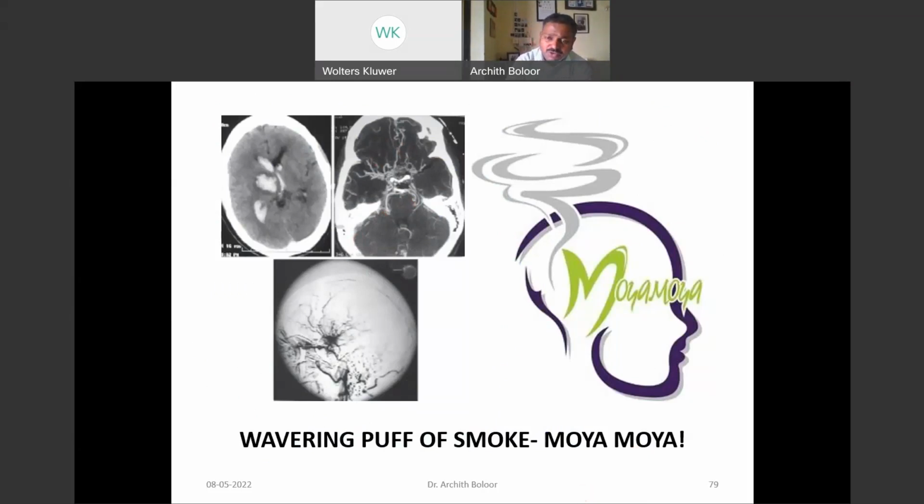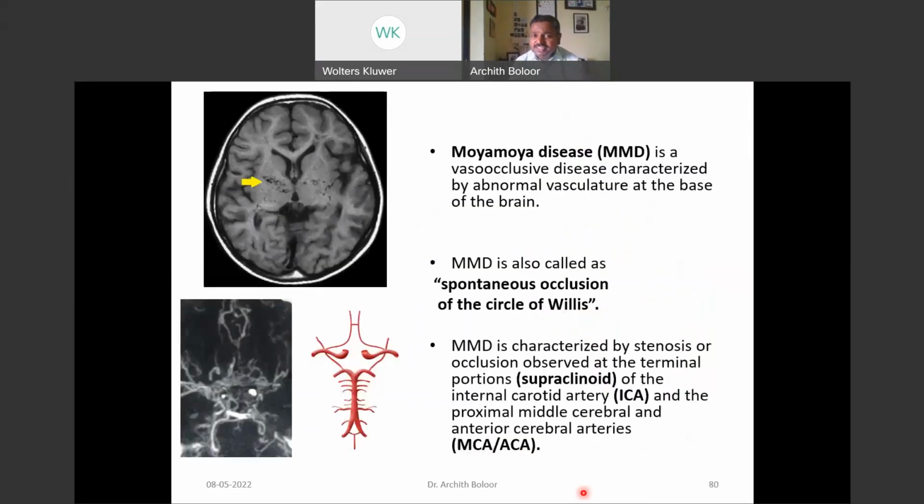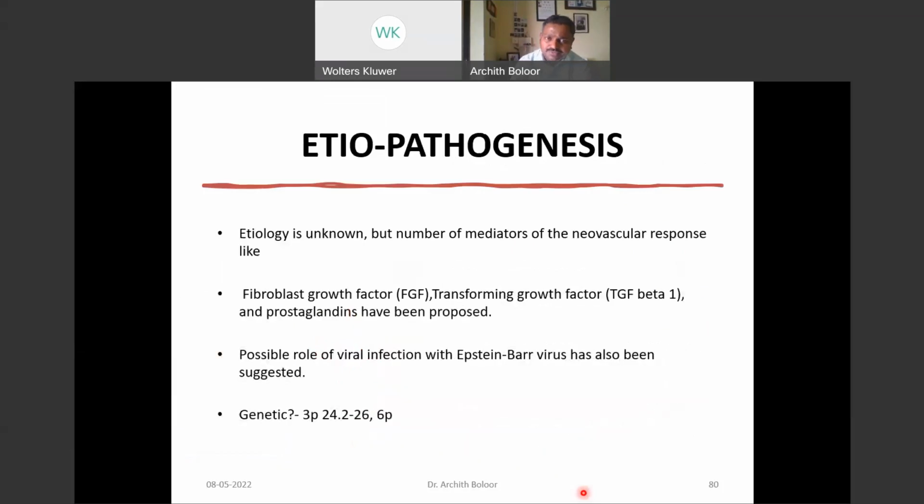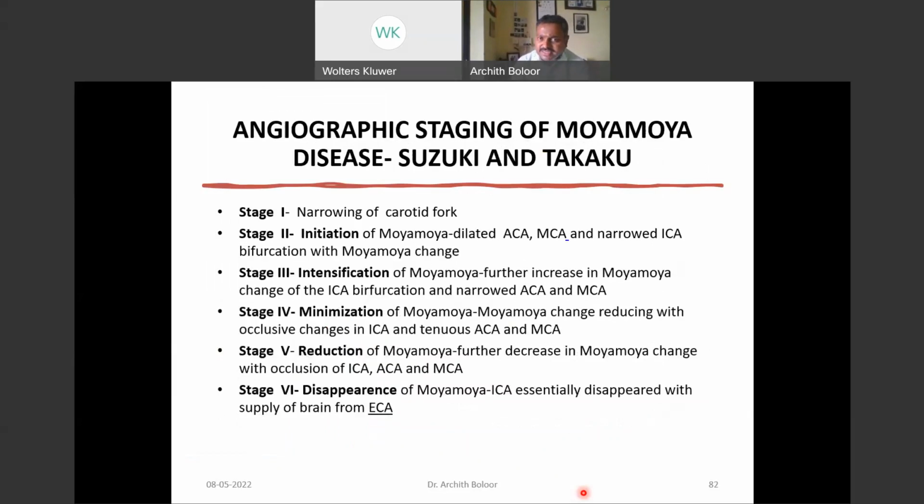Jaipur. So moya moya is a common disease, which is nothing but a vaso-occlusive disease characterized by abnormal vasculature at the base of the brain, and it is occurring at the circle of Willis, and the terminal branches of the IC are predominantly involved. So there is a fibroblastic proliferation which has certain genetic as well as an infection base.